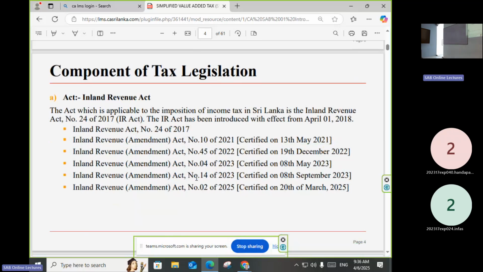You know that Sri Lanka was previously under UK colonial rule, so we were always following Roman law and structuring the laws based on that. But this law is basically US based law.